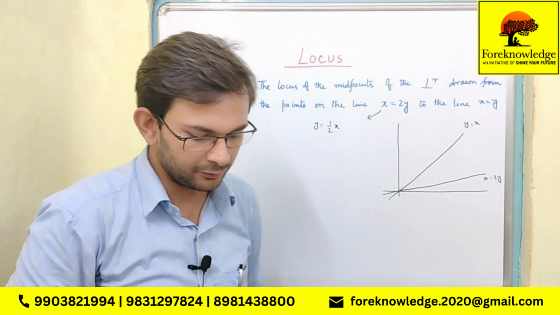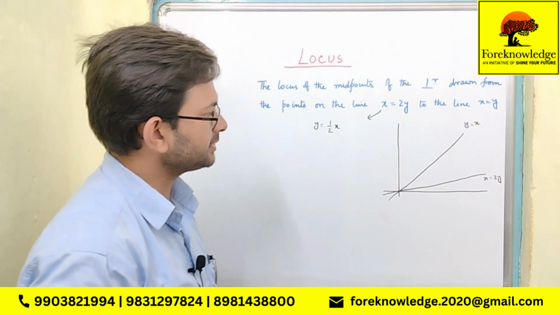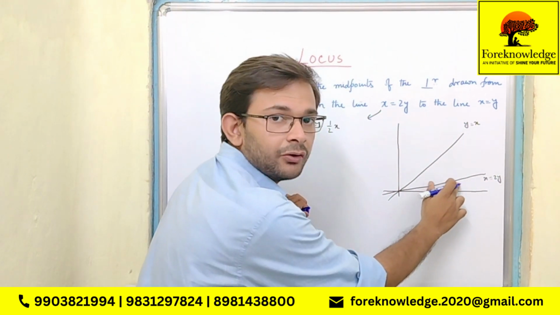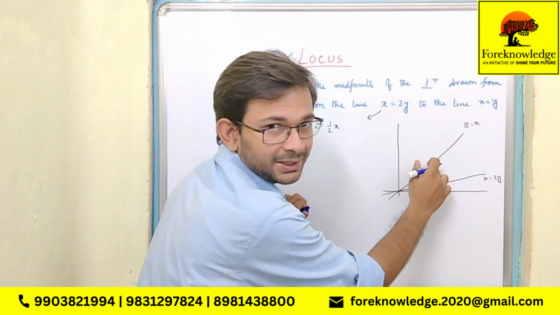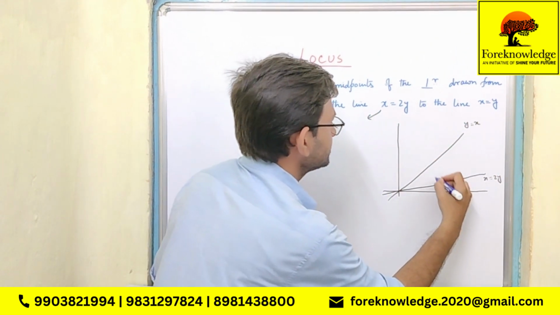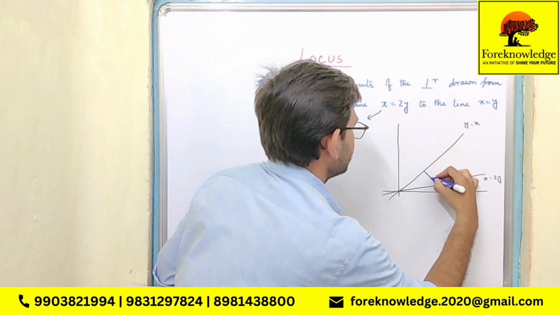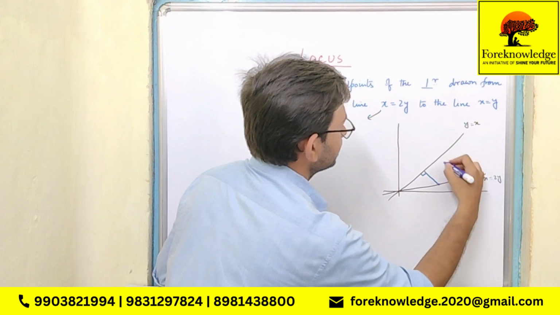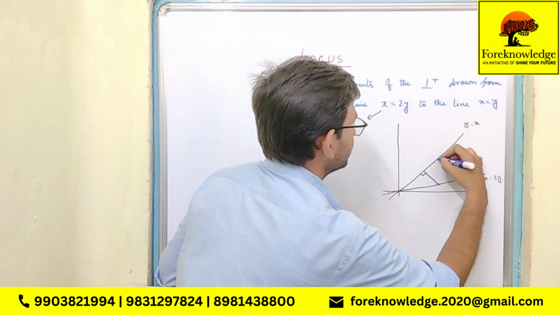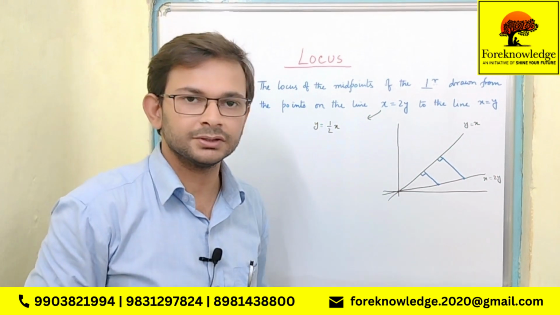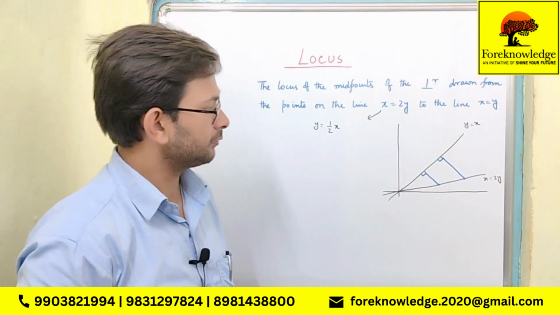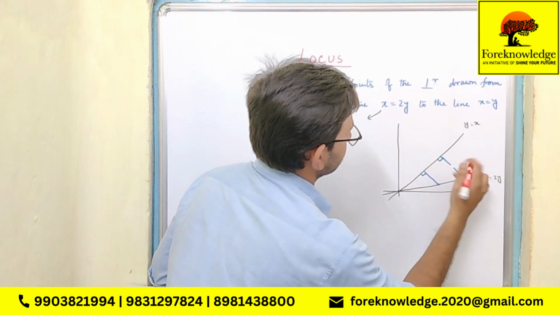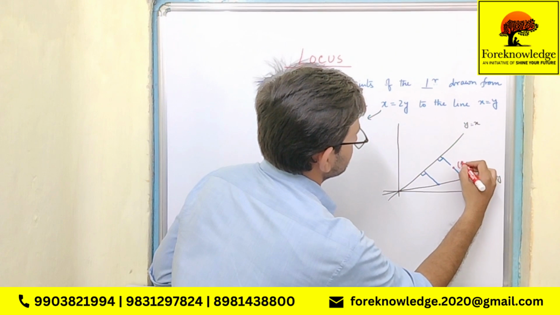Now what is the problem saying? The problem is telling us that we are drawing perpendiculars from the points on this line to this line. Suppose this is a point, we are drawing a perpendicular here. Suppose this is another point, we are drawing a perpendicular here. That's how this is going. Now we have to find the locus of this midpoint.